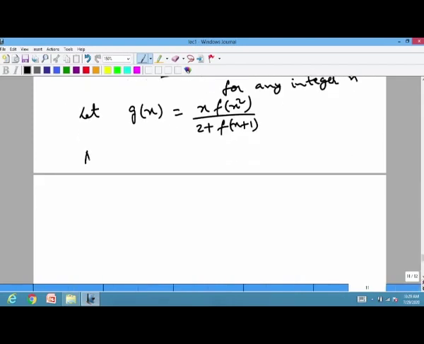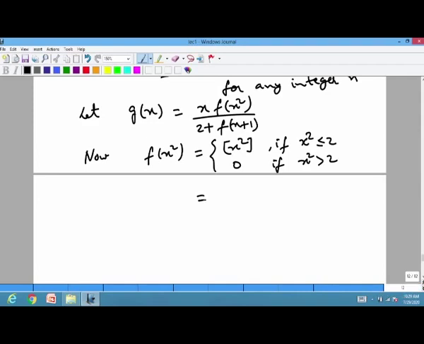Now, f of x square is greatest integer of x square if x square is less than or equal to 2, and 0 if x square is bigger than 2. What is this equal to? So, x square less than or equal to 2 means x between minus root 2 and root 2, it is given by greatest integer of x square.